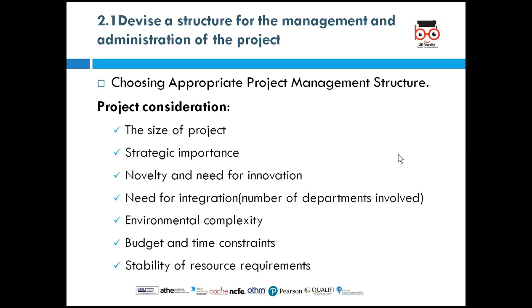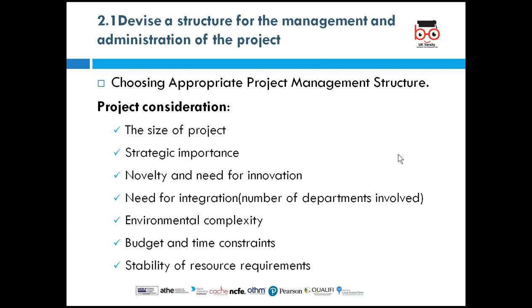When we look at project management, we need an appropriate structure. Whether we use the traditional approach or the Prince 2 approach, we need a structure for us to be able to manage our project.